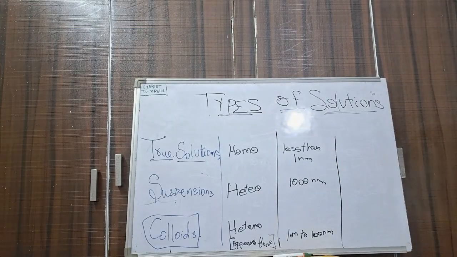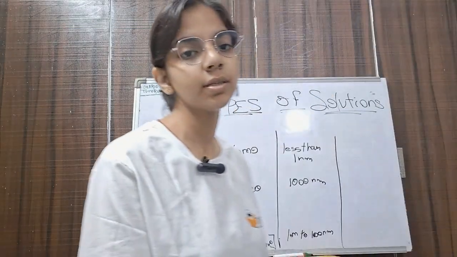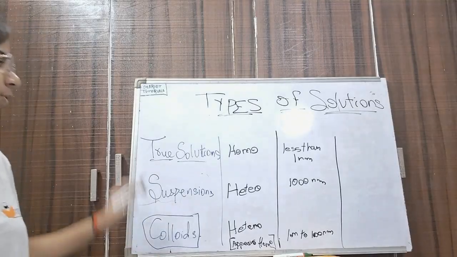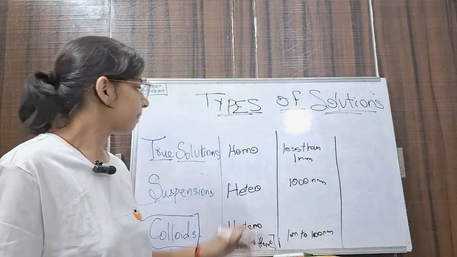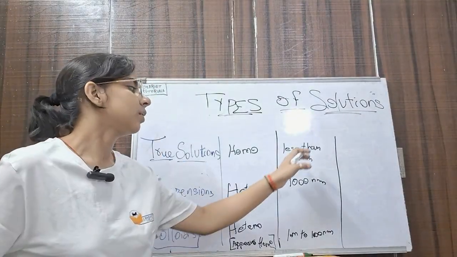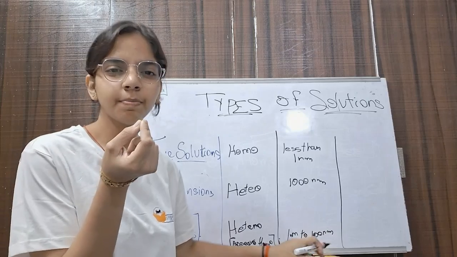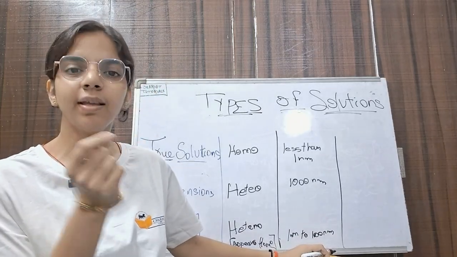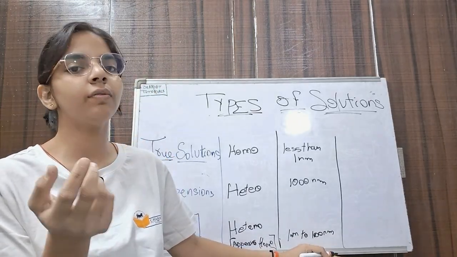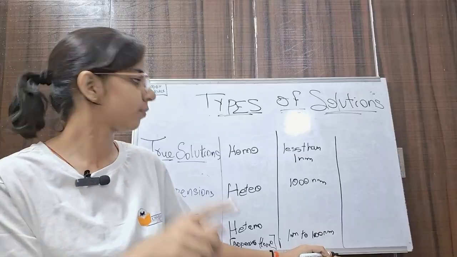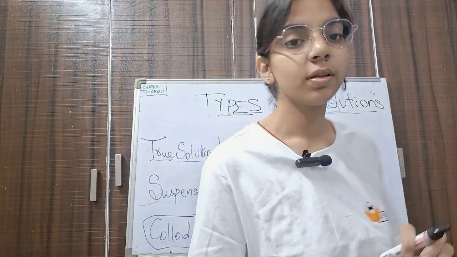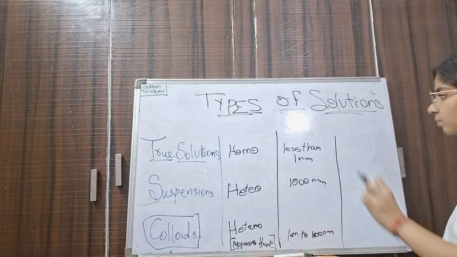Now let us understand the role of the particle size in making these types of solutions different. As the true solution has very minute particle size, like when we mix sugar in water or salt in water, what happens? Their size is actually very small.